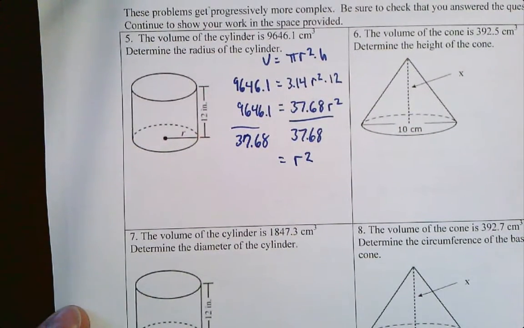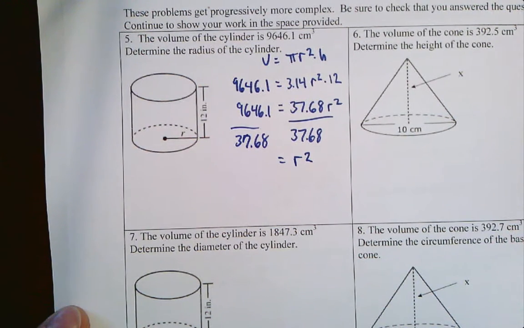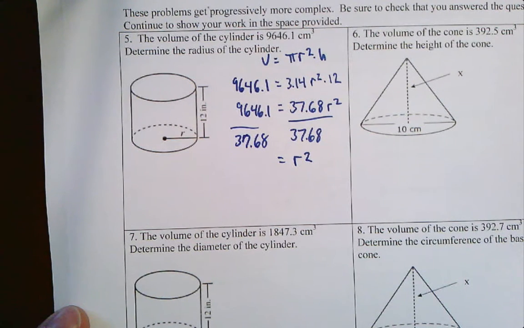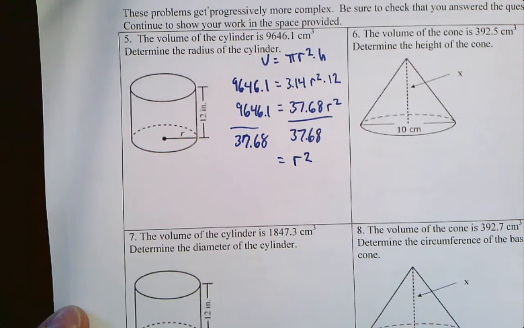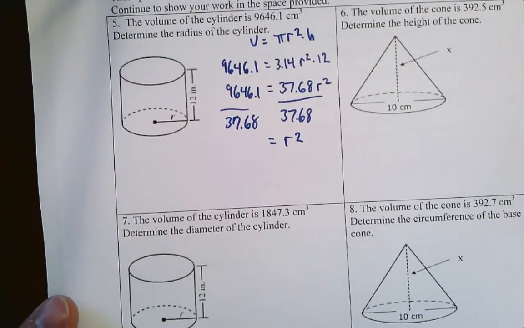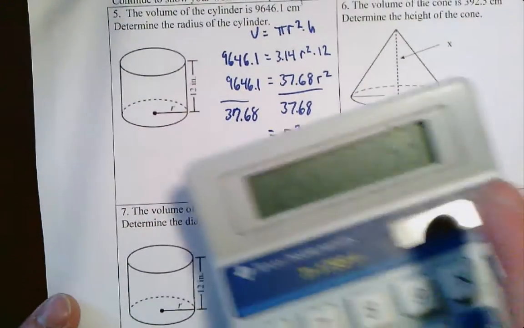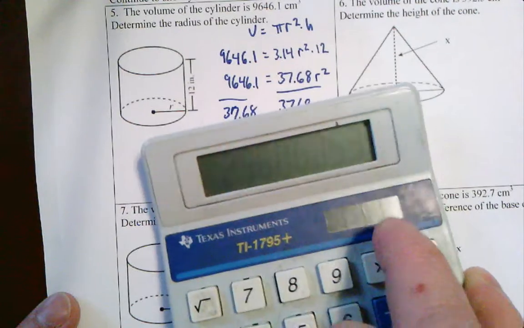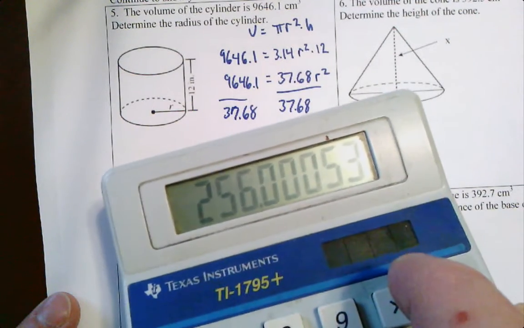You divide this side on my calculator. Again, you need a calculator for all this stuff. 9646.1 divided by 37.68. Yeah, comes out to 256. So if you look at my calculator, that is definitely a lot of zeros.